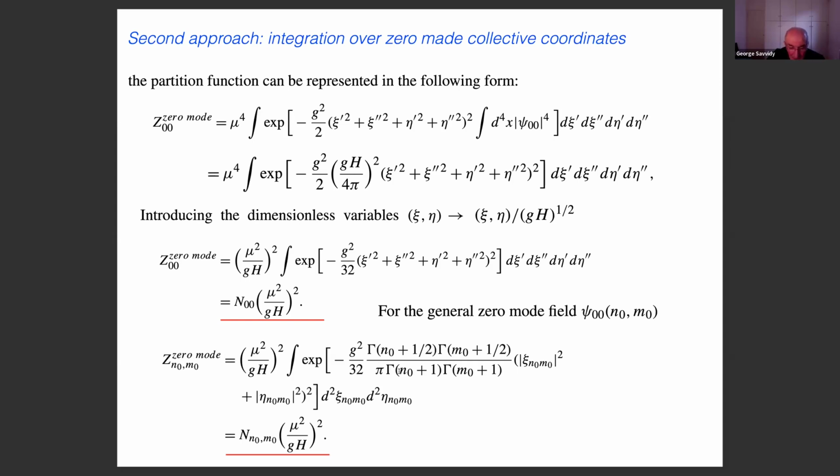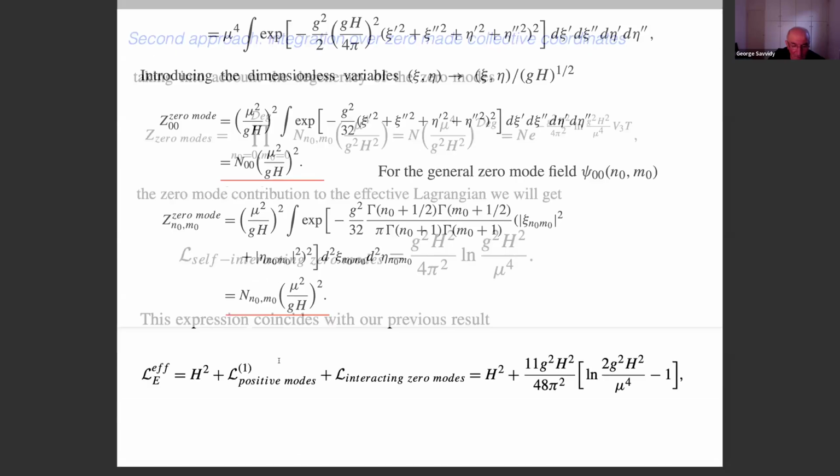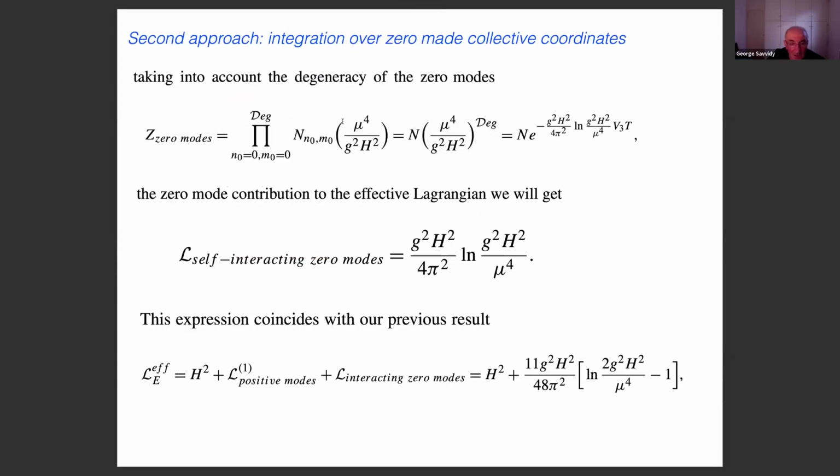Okay, again, one can make the same substitution, and the dependence on the field factorizes in front of the integral. So we take this factorization.